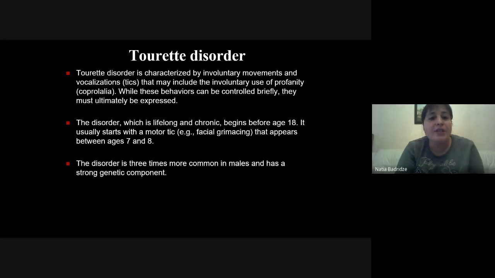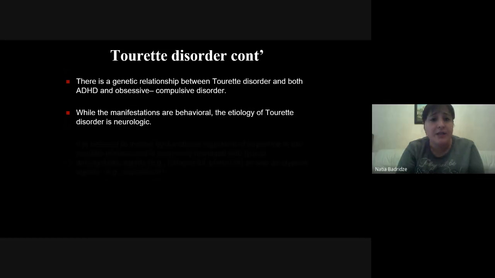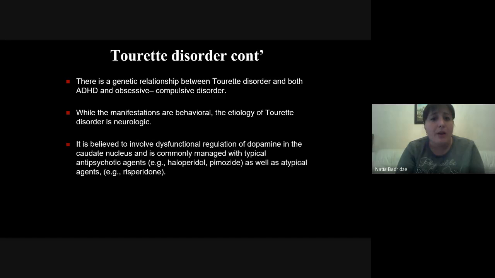This disorder is 3 times more common in males and has a very strong genetic component. So it is also a genetic disorder. And there is a comorbidity of Tourette disorder with ADHD and obsessive compulsive disorder. So these disorders can be associated with each other.